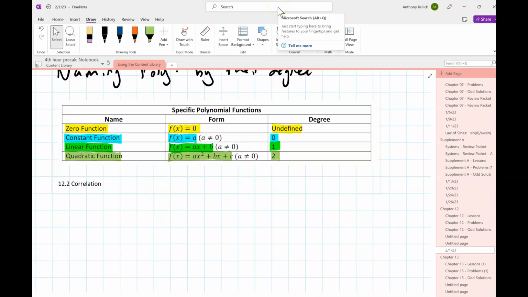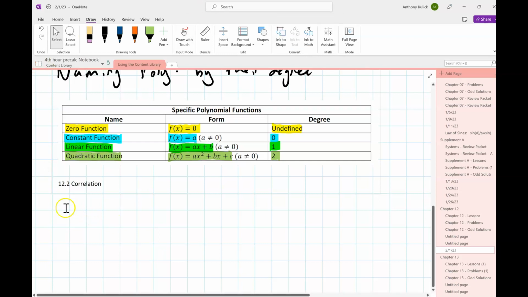All right. The next thing we're going to talk about is going to be correlation. So in the mathematics sense, correlation is a really specific definition as opposed to the English language sense, right? So the most easy mistake for students to make is confusing correlation with causation.